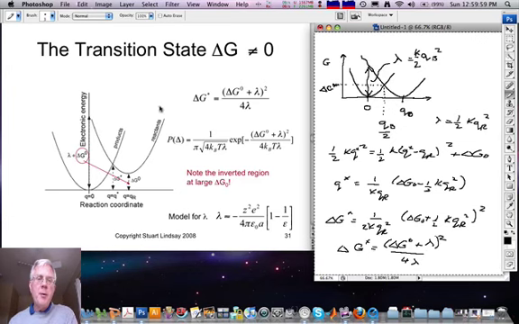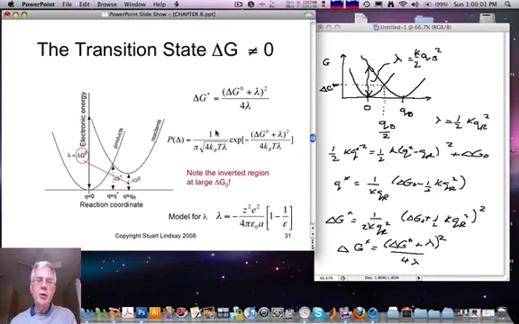This then gives you a probability for a transition as shown here. I've put this expression for the transition state energy into an Arrhenius form and normalized.